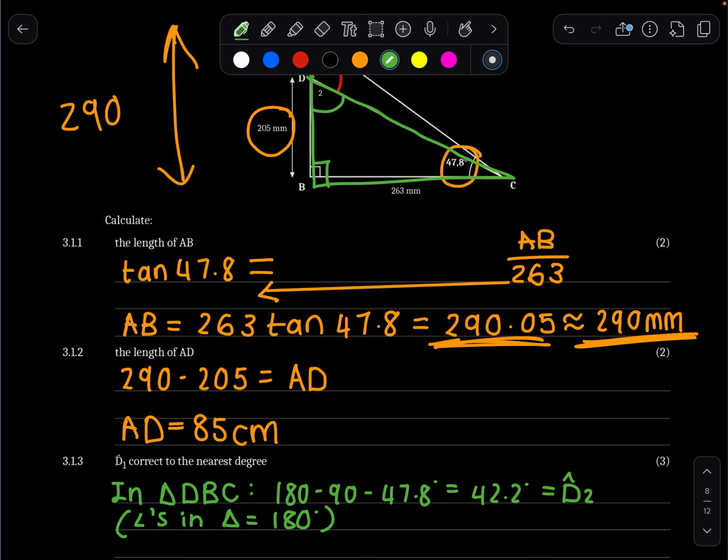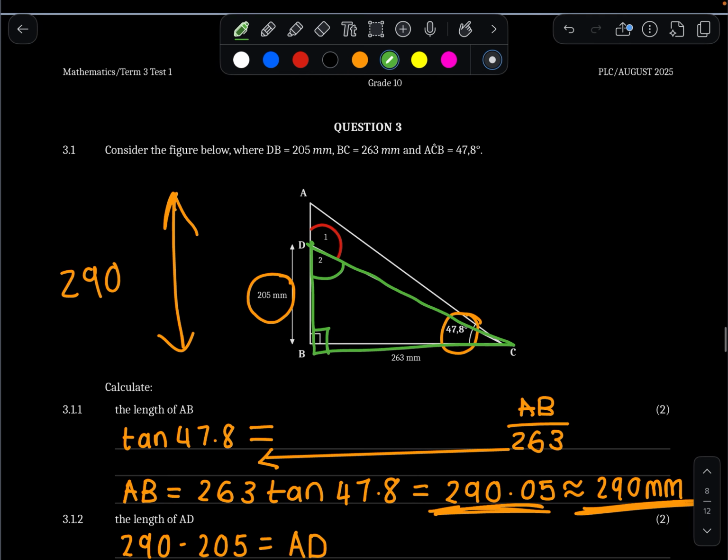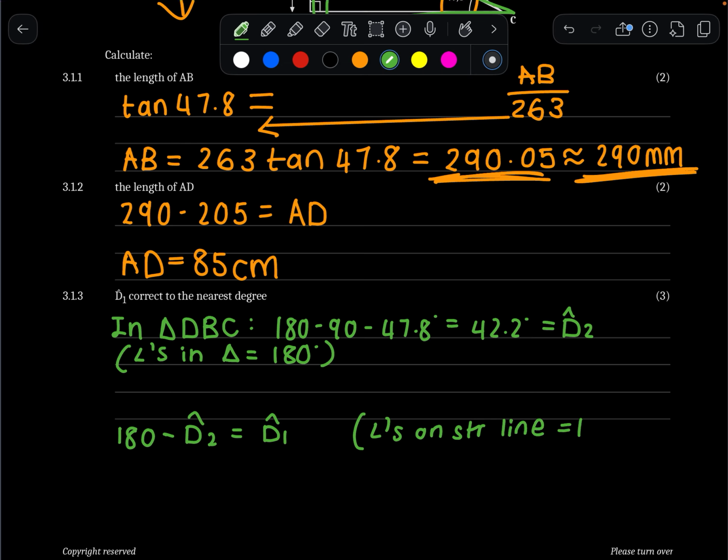And then we can say 180 minus D2 will give us D1, because that's angles on a straight line. Okay, so 180 minus D2 will give us D1, because also angles on a straight line add up to 180 degrees.